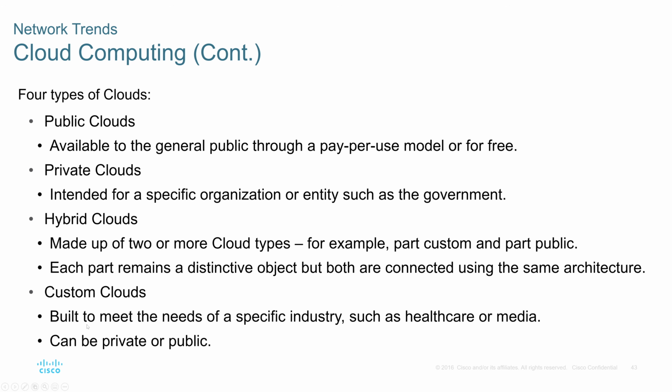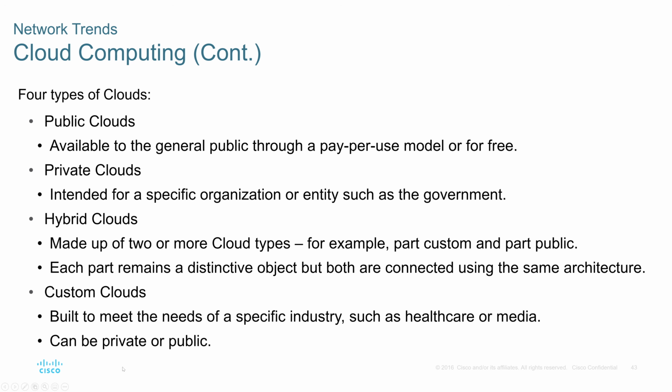Custom clouds are built to meet the needs of a specific industry, such as healthcare, media, or the oil and gas industry. For example, if you have a drilling site in northern Alberta and you have your head office in Calgary, Alberta, and you need to access that data, you can create a custom cloud network instead of just a direct link, which allows you to have higher reliability.